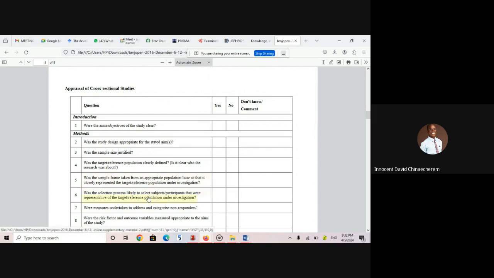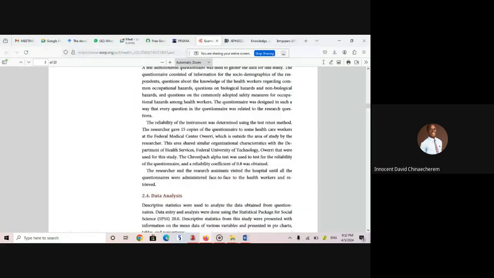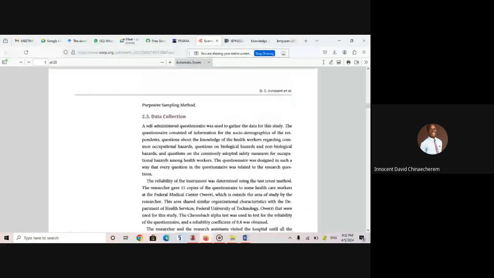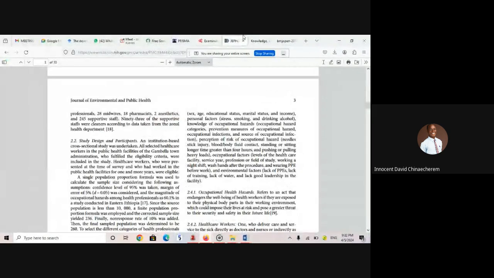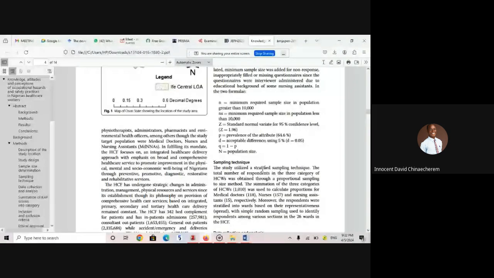By using purposive sampling, it was possible for me to select all the participants from DHS. Compared to this place, the sampling technique here was stratified, so it was possible for us to select people from all strata.